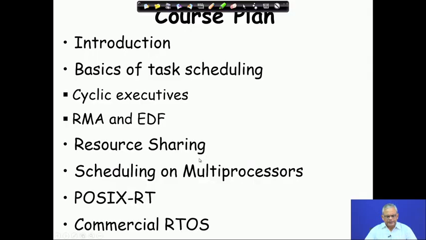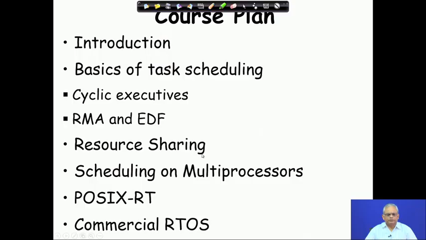And then we will see how resource sharing can be efficiently achieved in a real time application, because in contrast to an ordinary application where we use semaphores, here using a semaphore will lead to some problems.